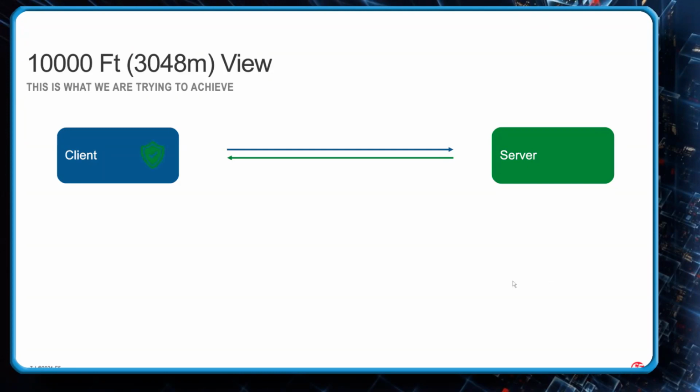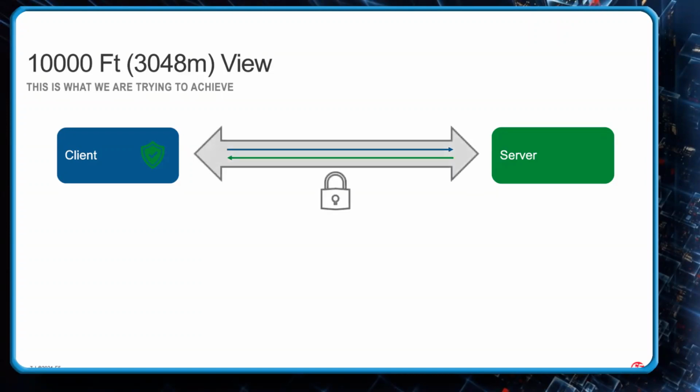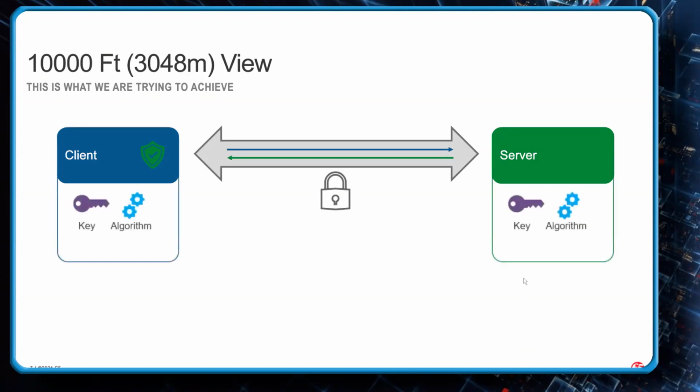We need an encryption algorithm, something that can return usable data in a practically unreadable format, so obfuscated through encryption, and a key that can be used with the algorithm to encrypt and decrypt the data. And most importantly, the client and the server need to agree on the key and also the algorithm, so that the client and the server are speaking the same language, so to speak.